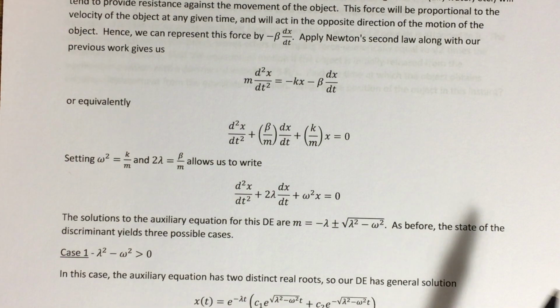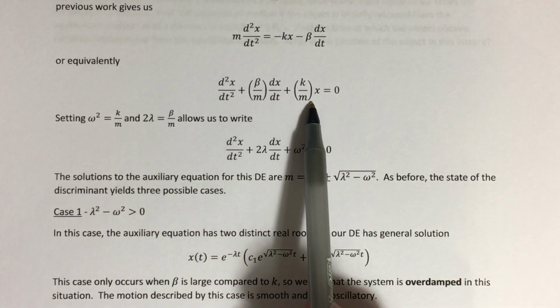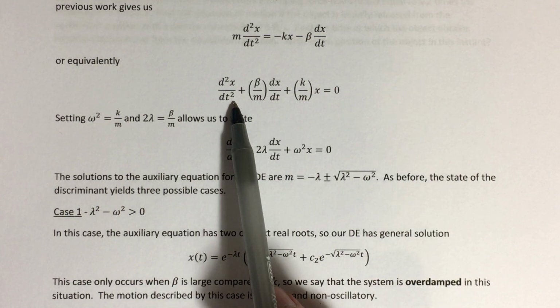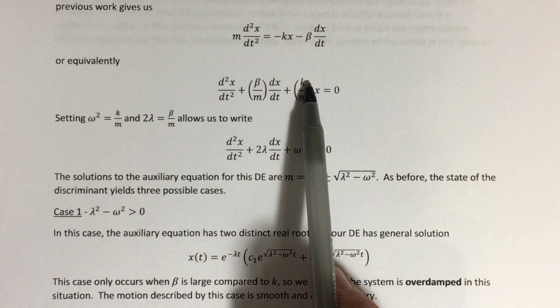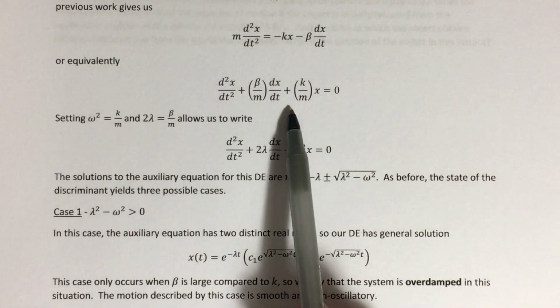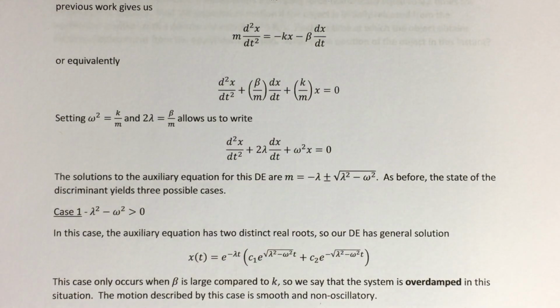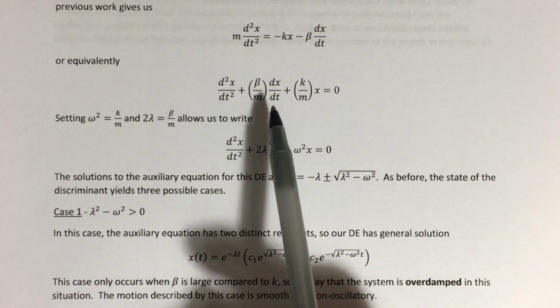Now notice what we have. Once again, we have a linear, homogeneous, second-order differential equation with constant coefficients, because beta, m, and k are all constants. So that means we can solve this one also using the techniques that we learned in section 4.3. But where this is different from what we did in the first part of this section is that we now have a first-order term to consider.